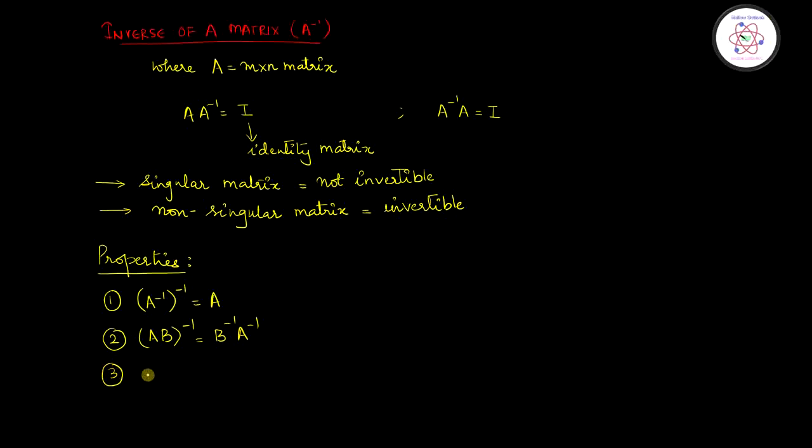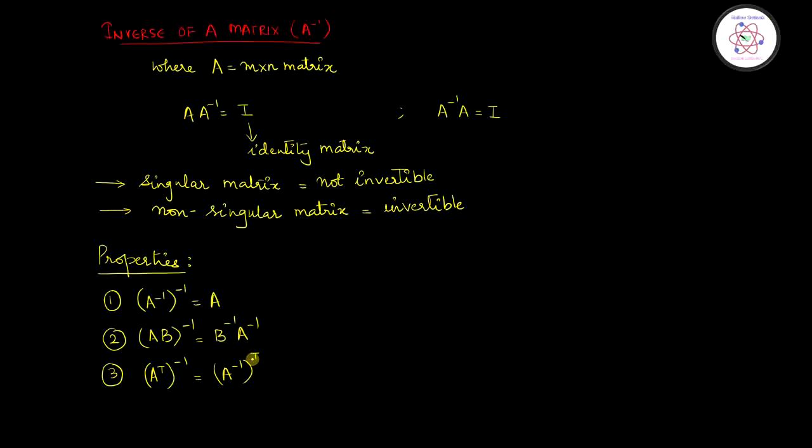Third property is A transpose, the whole inverse will be equal to A inverse, and then we take the transpose.